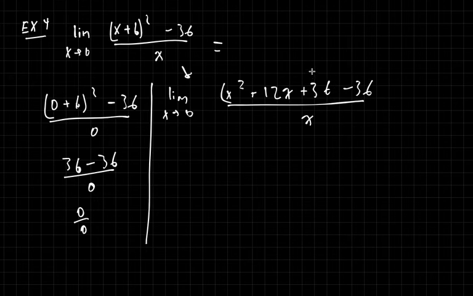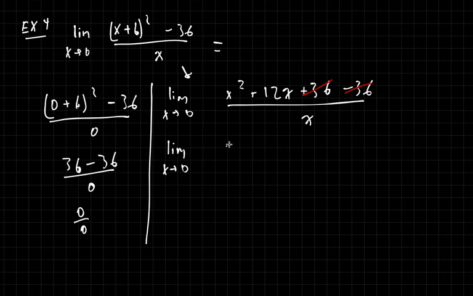Well, we don't really need that, but we have this, and we can cancel that out. And before I try direct substitution, I'm going to simplify it further, just to be safe, right? And because I can.